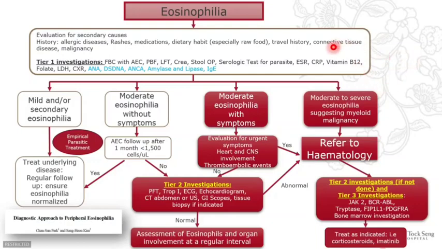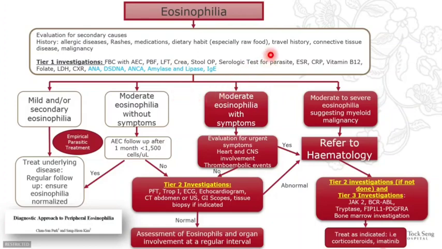So usually we do a base laboratory test, which I call a tier one or level one investigation. I would usually send a full blood count with, of course, differential count or absolute eosinophil count with peripheral blood film. I would also do a liver function test, and a creatinine just to check whether the kidneys are okay.